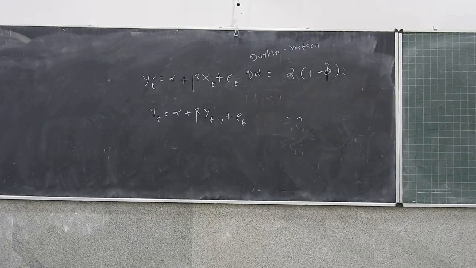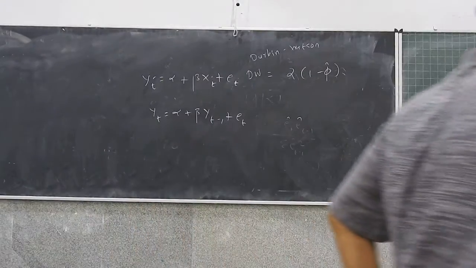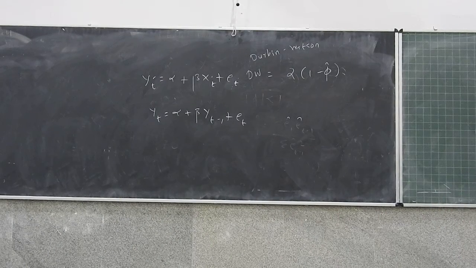For example, yt could be sales in month t, and yt minus 1 could be sales in the previous month; sales in month t depend upon sales in the previous month. It's a model with a lagged dependent variable. Now remember, whenever you have models with lagged variables, OLS becomes a problem. Can you tell me why?